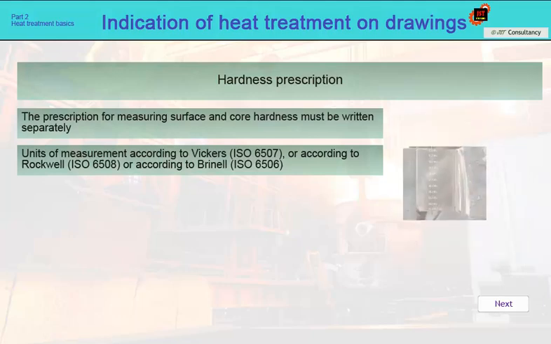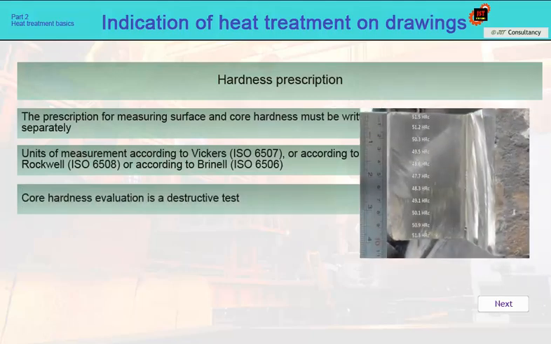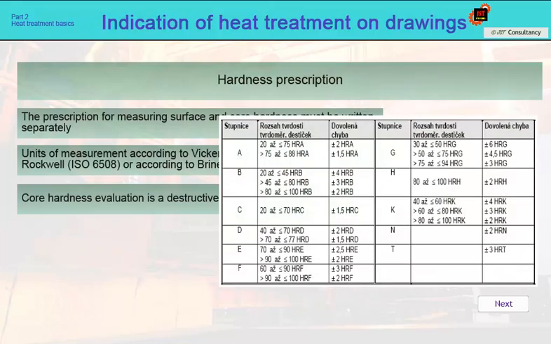Similar rules apply to core hardness. Since this is a destructive test, the number of pieces allowed for the test must be determined, or a test piece must be supplied. A tolerance band must be prescribed for each hardness value. With regard to the accuracy of the hardness measurement, only one individual value cannot be given.